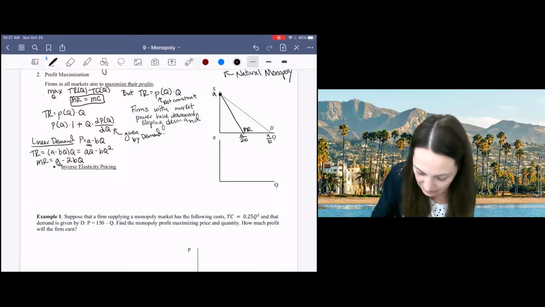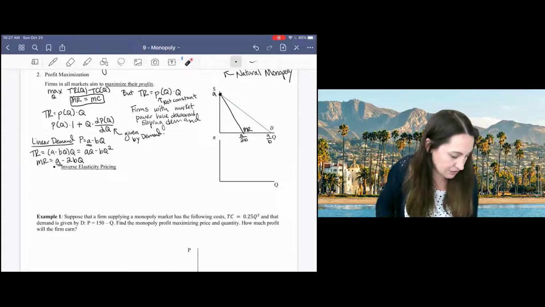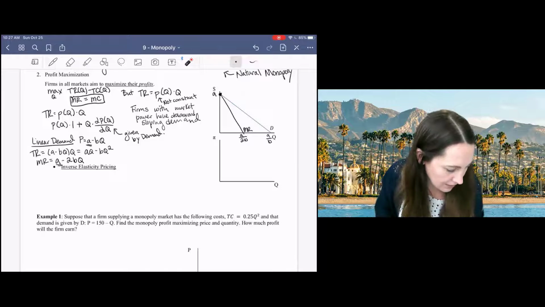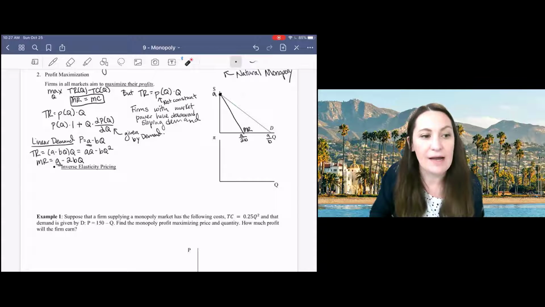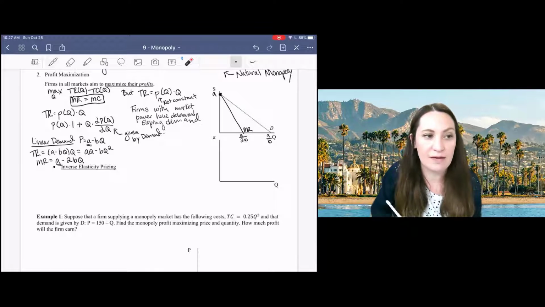So this is here our generic linear demand function, generic marginal revenue function. And we want to show then how marginal revenue is related to profit so that we can try to understand the relationship between profit maximization, marginal revenue, and elasticity.